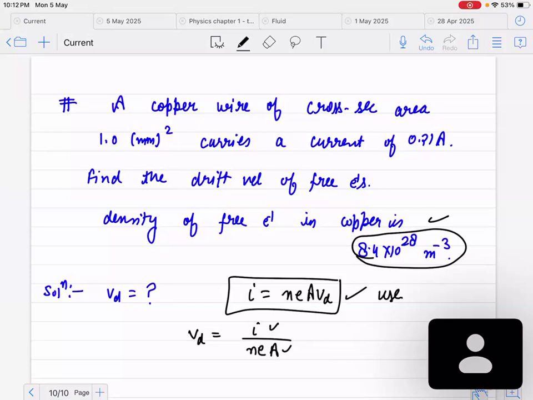Here you can use I is equal to nAvd. But in the test paper, I will give you one question in which you will get confused and try to use the formula I is equal to nAvd. But you should not use this formula there; you should use the A tau formula.